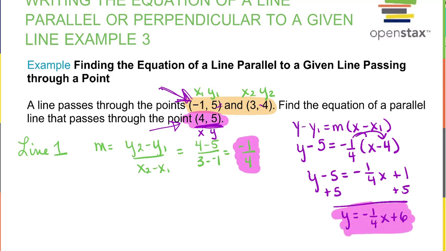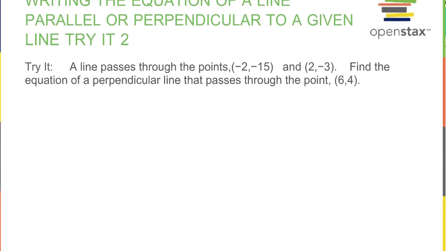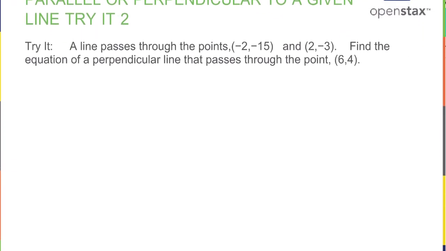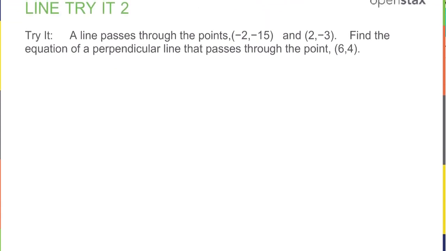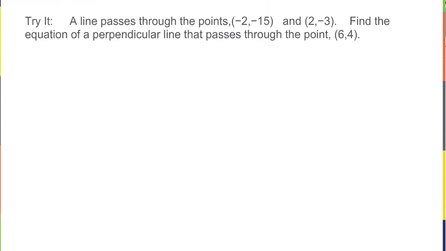That's the equation that is parallel. We're doing parallel. Had we been doing perpendicular, we would have flipped the negative 1/4 and made it positive. Alright, so now you guys try it, but this time for perpendicular. So pause the video and then come back and we'll go over it.